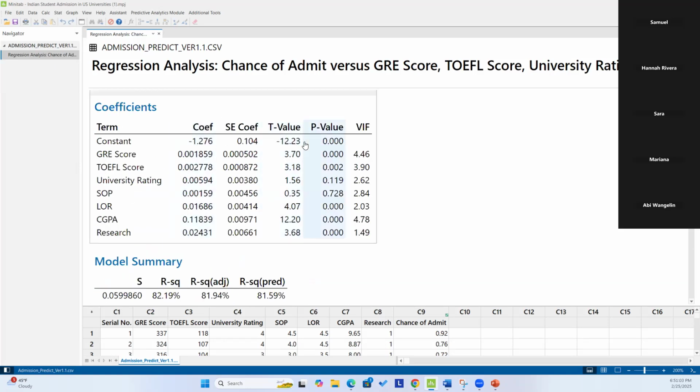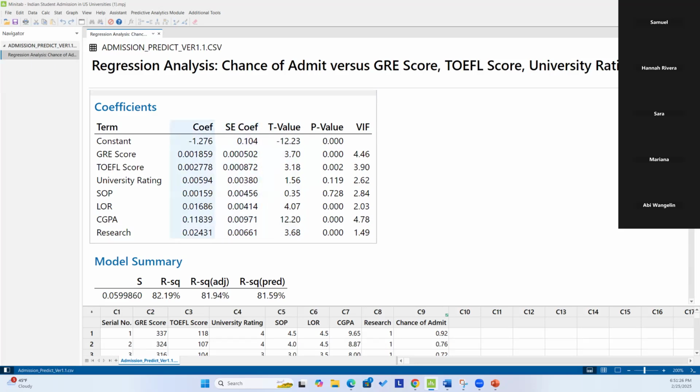Now I come back. What is the relationship between the coefficient, standard error, and t value? This, this, and this have a relationship. How can we calculate it? Basically minus 12.23 multiplied with this, you get this coefficient result.